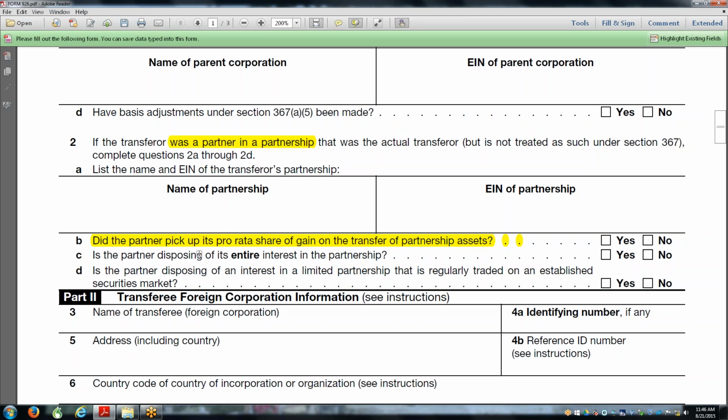Entire interest in the partnership, that makes it a little bit easier for you if it's a small partnership. This is uncommon, and not too often you're going to see a client putting an investment into a controlled foreign corporation. So these are the things that we need to look at for our clients.